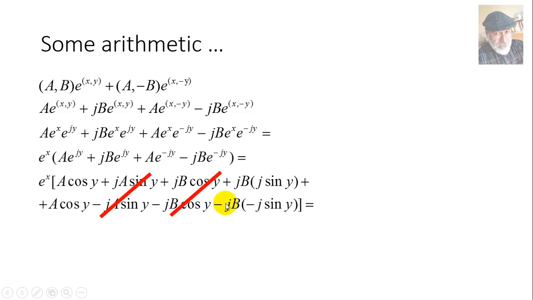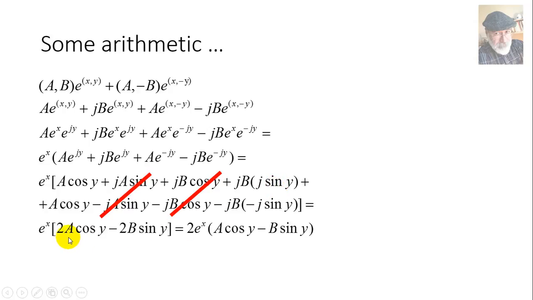This is also negative b sine y. So we have this expression, 2 times a cosine y minus 2 times b sine y. We factor out 2, and this is the expression. We can simplify that sum of exponentials with complex coefficients and complex exponentials into this one.